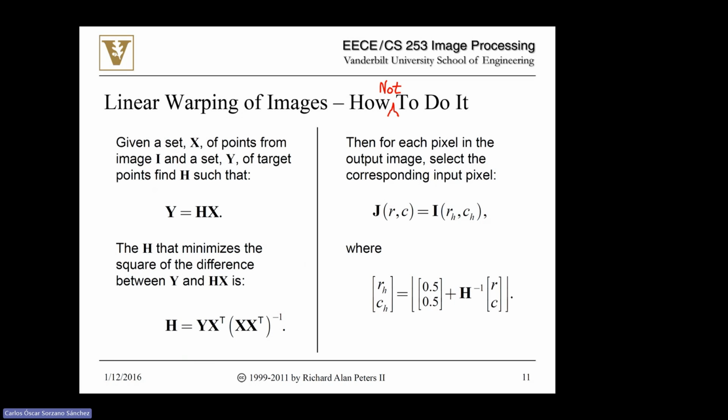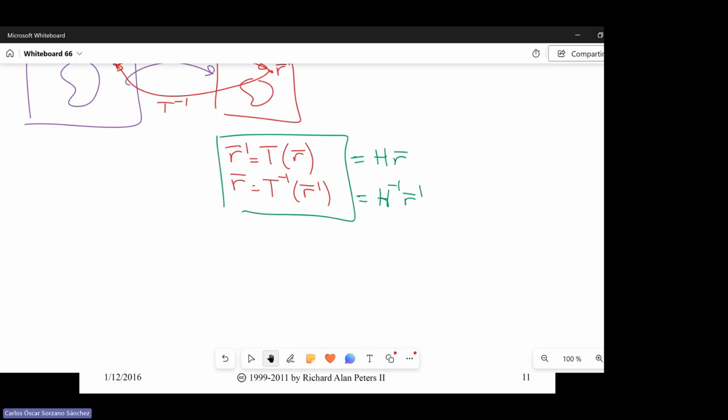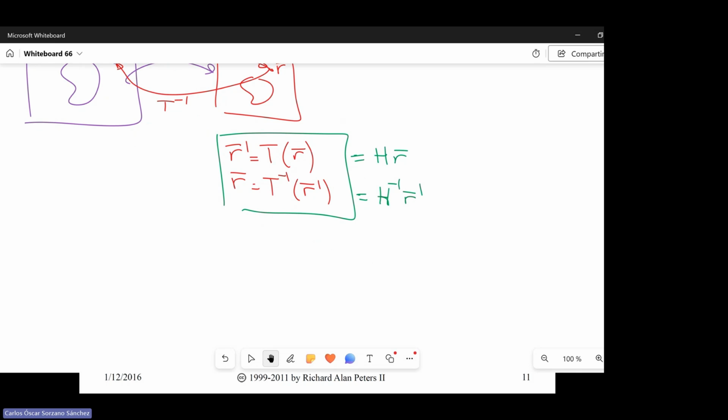So let's say that we have, I think this notation will be more clear. So let's keep it here. So I have R prime 1, that is mapped onto R1. And then I have R2 prime, that is mapped on R2.